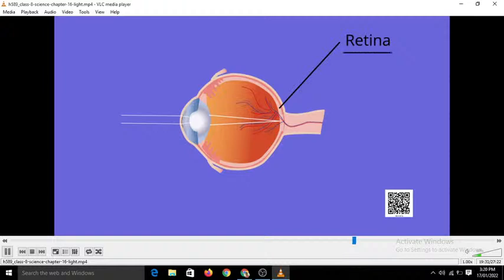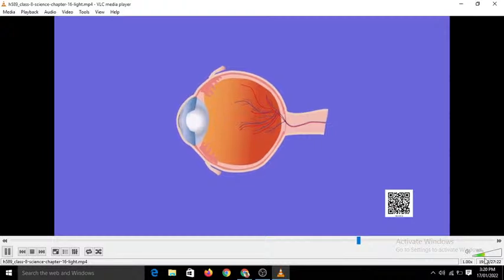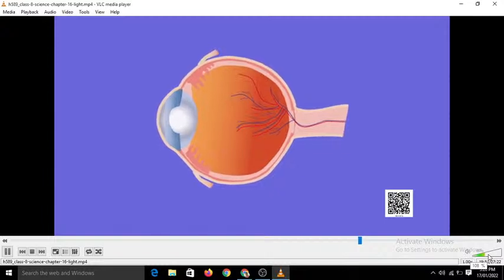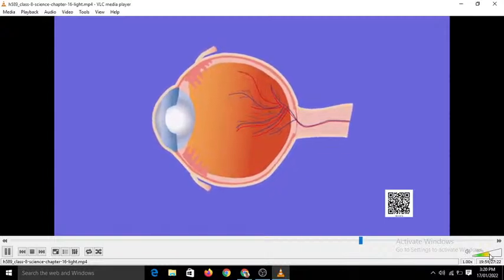There are two kinds of cells: cones, which are sensitive to bright light, and rods, which are sensitive to dim light. Sensations felt by the nerve cells are then transmitted to the brain through the optic nerve. At the junction of the optic nerve and the retina, there is a point called blind spot. It is a point where when light rays fall, we can't see anything.